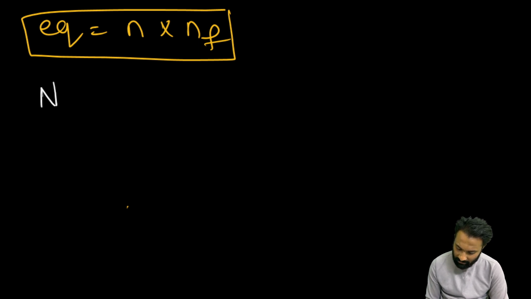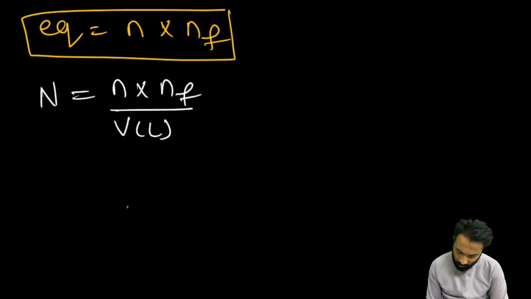If you are getting confusion, I will write in this manner better. Here normality is equal to equivalence by volume in liter, that is number of moles into n factor by volume in liter. Number of moles by volume in liter is a molarity.